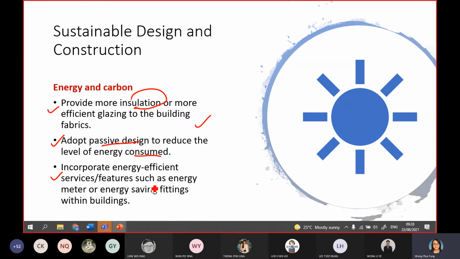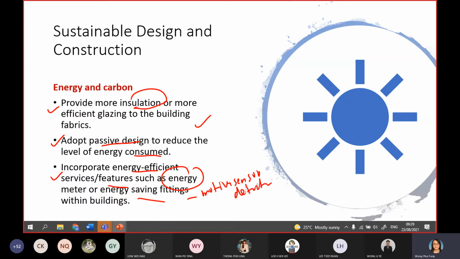Okay, and the third, the developer or the design team can incorporate and install energy efficient services or features such as an energy meter to monitor the energy consumption, and they can also install energy saving fittings. This is what we call a motion sensor, or we say detector.